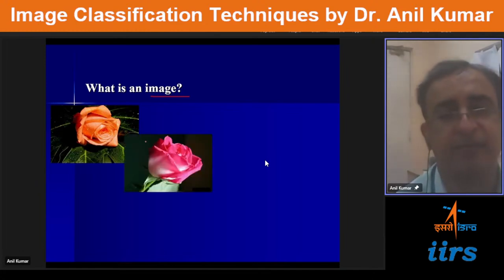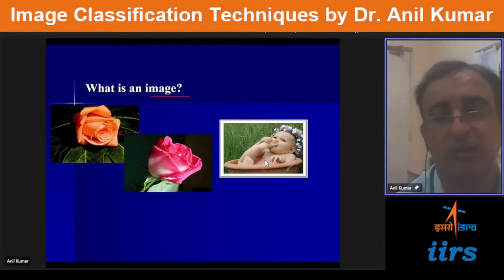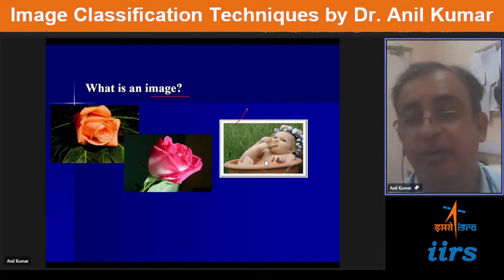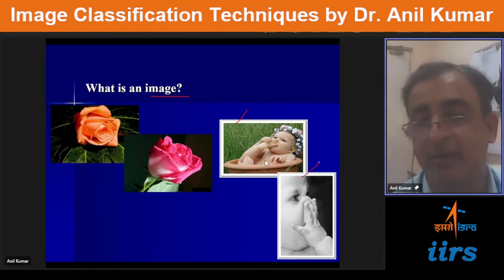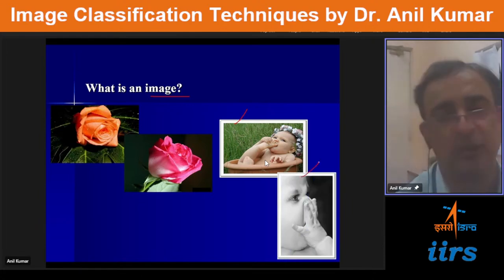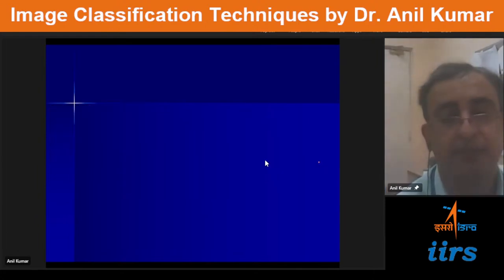And here also, this is a very good image. And this one, so funny and so beautiful, a kid, is also an image. And this also looks to be a very good image. But we have to understand how to define mathematically what an image is. Why? Because we want to process these images.